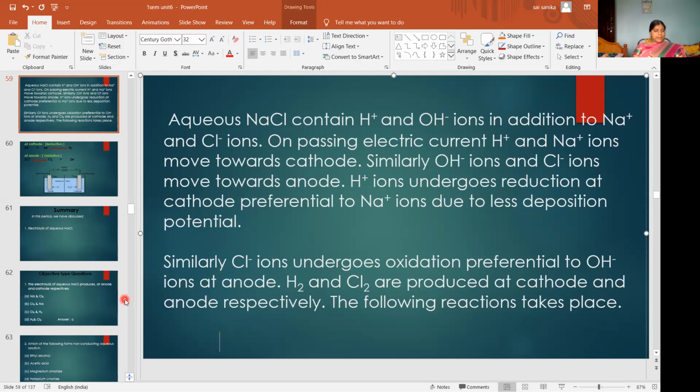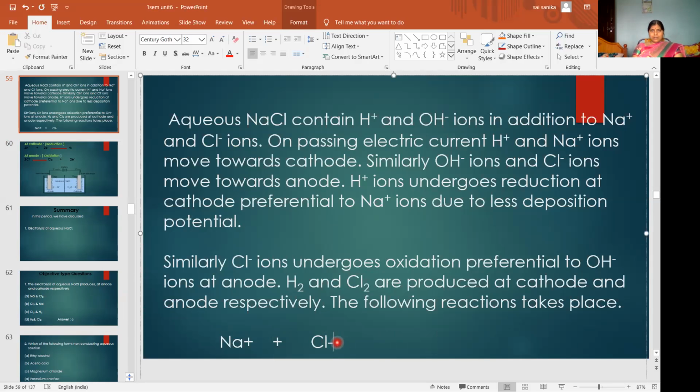Na plus and Cl minus, these both combine and form what? Sorry, not Cl minus, OH minus ions.